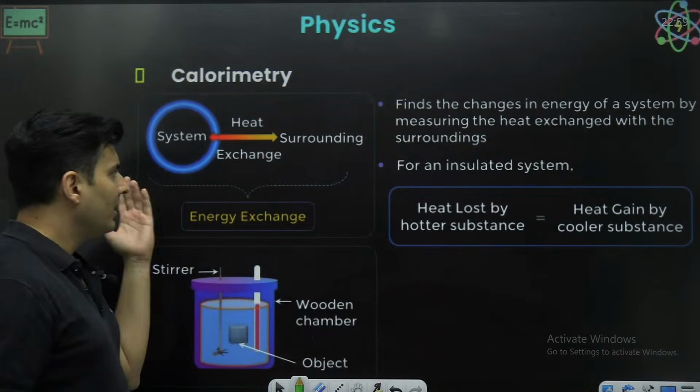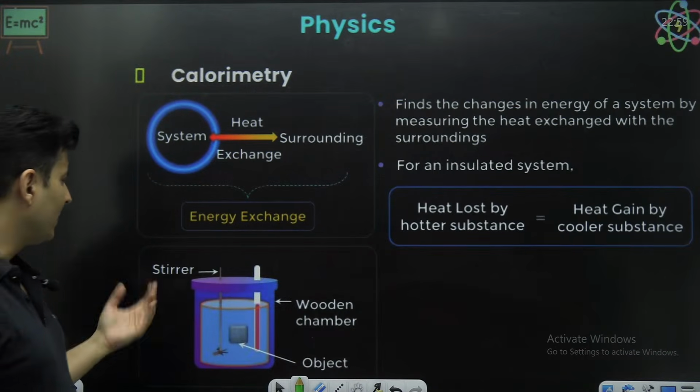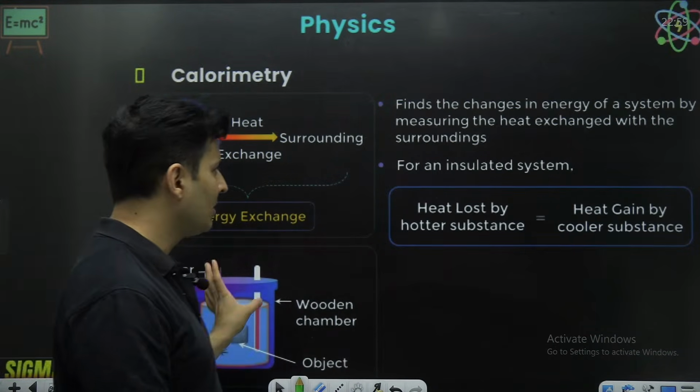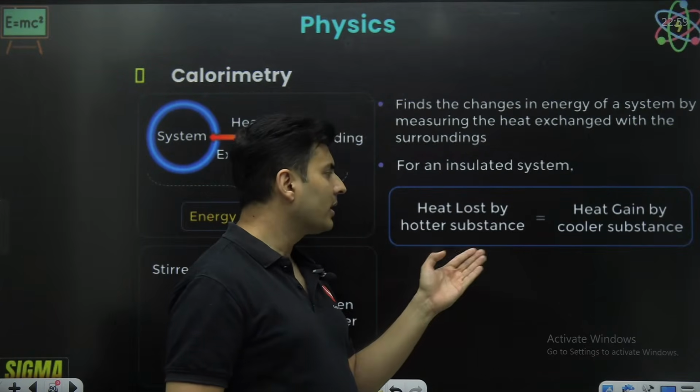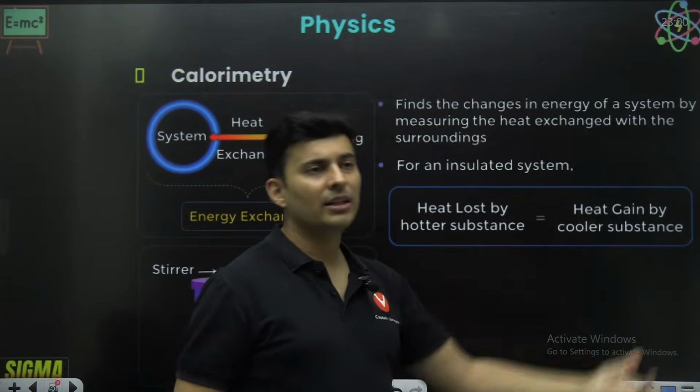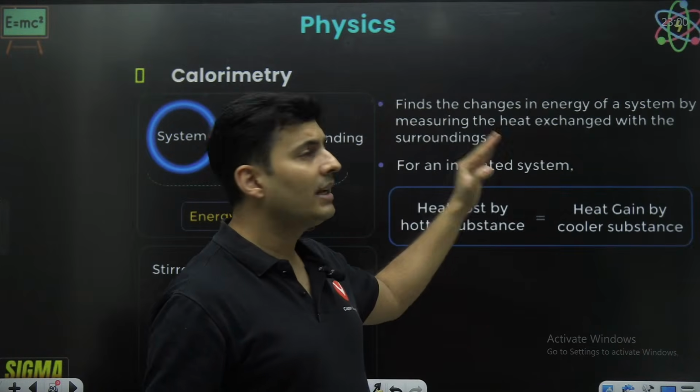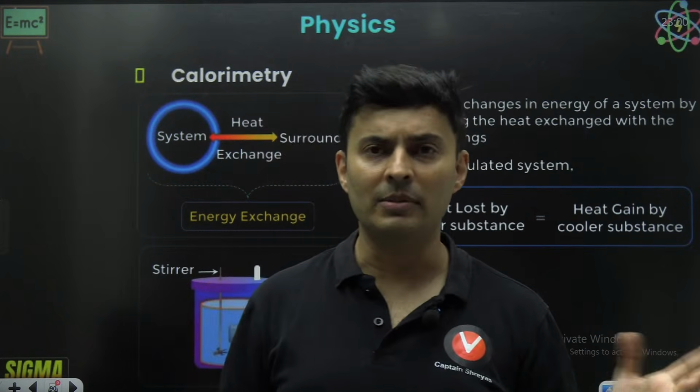So when two things in your system are exchanging heat, the heat lost by the hotter body is the heat gained by the cooler body until they reach equilibrium.